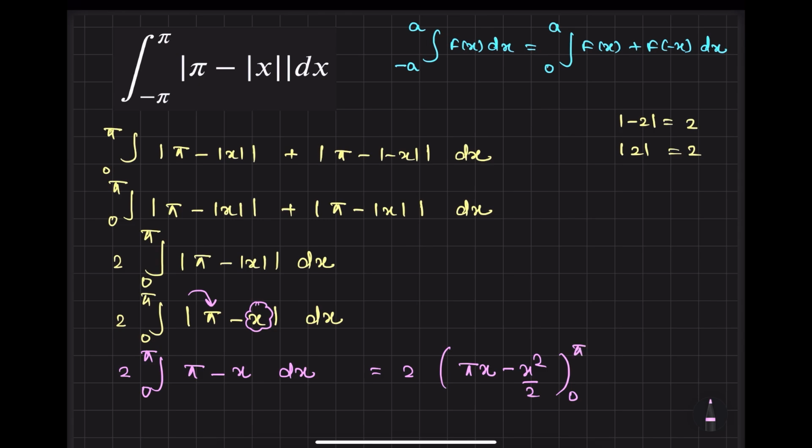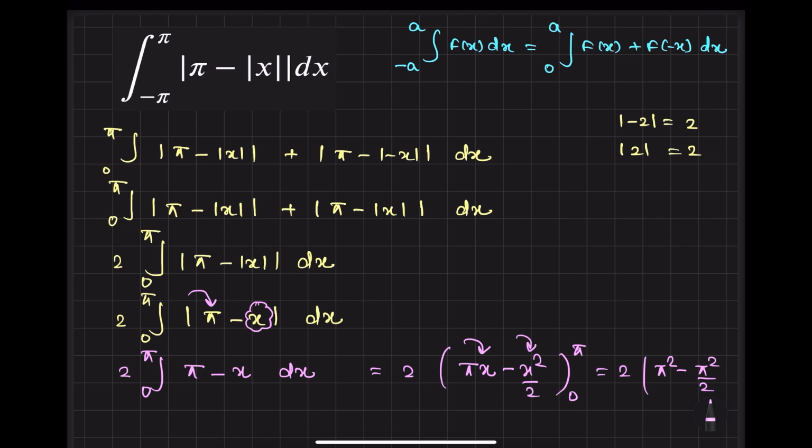Okay, now let's do the simplification part. If we substitute pi, it will become pi square minus pi square by 2. This is the upper limit, minus the lower limit. If you substitute the lower limit as 0, this thing will become 0, since x is 0, so pi x will become 0.